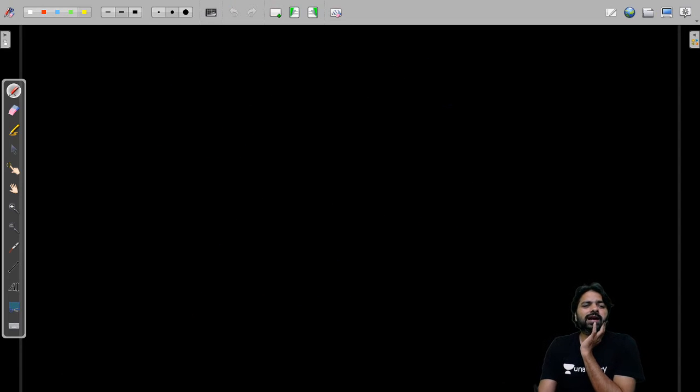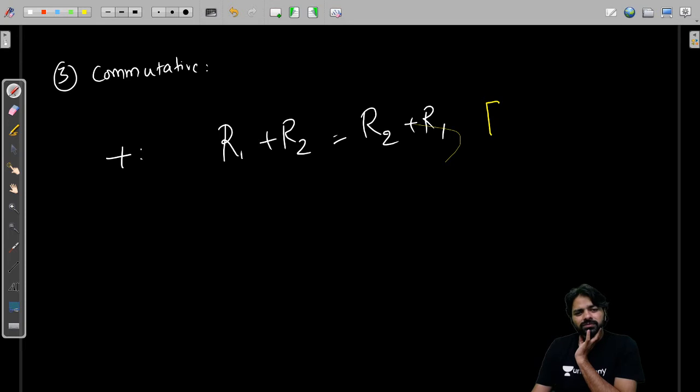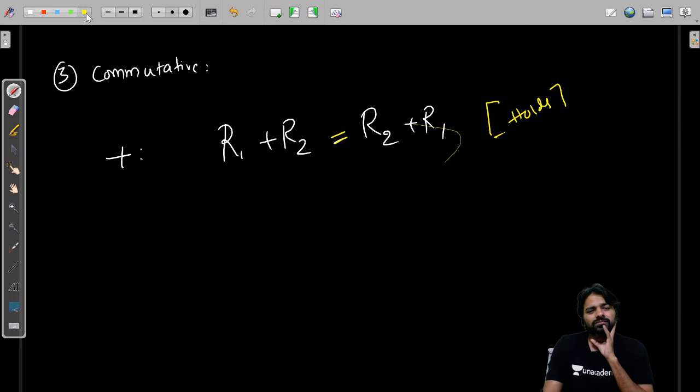Right, let's go for another one, commutative. What is commutative? For plus, how do you apply it? R1 plus R2, is it equal to R2 plus R1? Doesn't matter which R1, R2 in the world. Is it true? Yes, for any R1, R2, it holds. And what about concatenation?